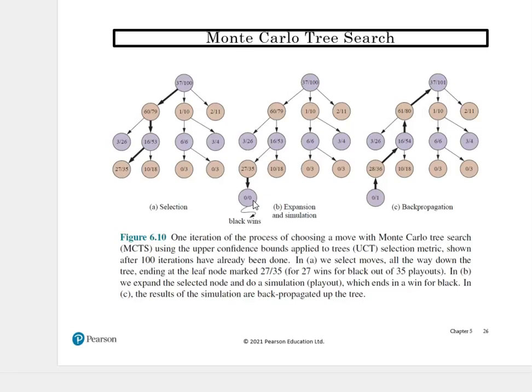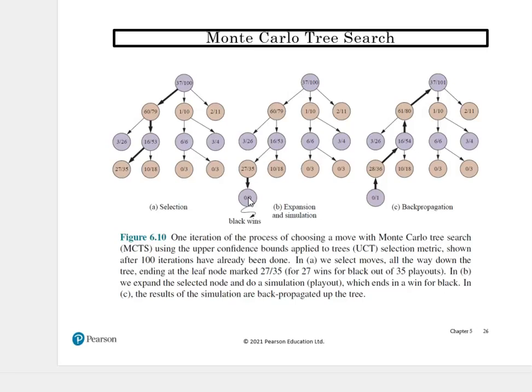And then the next step is simulation. We perform a simulation from the newly generated child node, this child node right here, choosing moves for both players according to the playout policy. These moves are not recorded in the search tree.